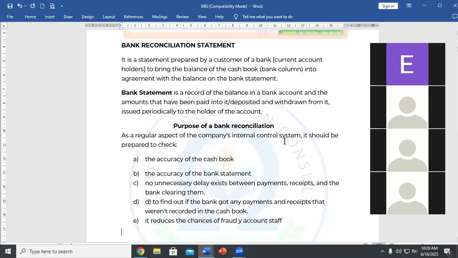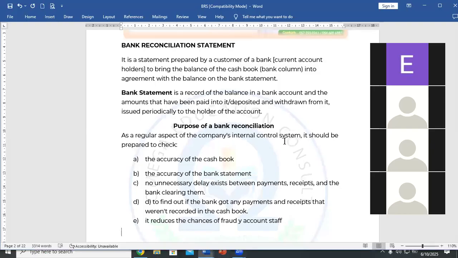I hope you took notes of the definitions that we looked at a few seconds ago. Now, the purpose of a bank reconciliation statement. Why do we do that? One, we want to check the accuracy of the cash book.